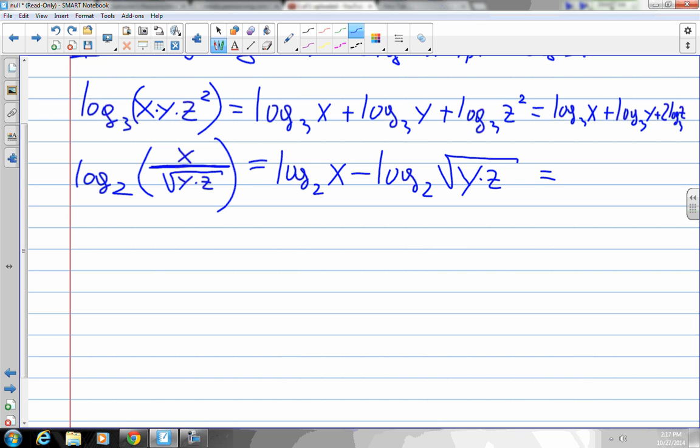The fractional powers are radicals, so this is the same really as log base 2 of x minus log base 2 of yz raised to the power 1/2. And what can I do with that power by the rules of logarithms? If I have a little power, I can drop it down. So this becomes log base 2 of x minus 1/2 log base 2 of yz.